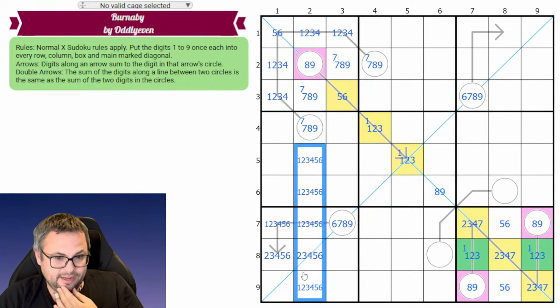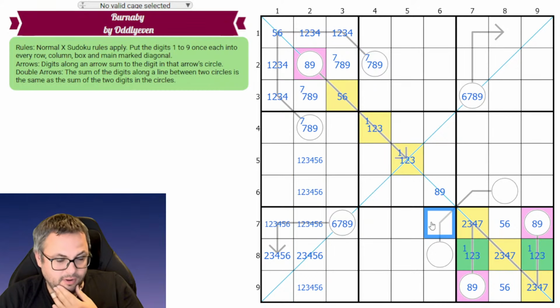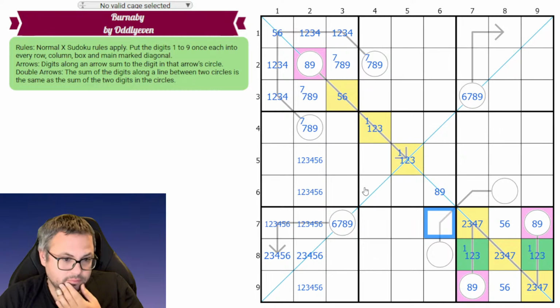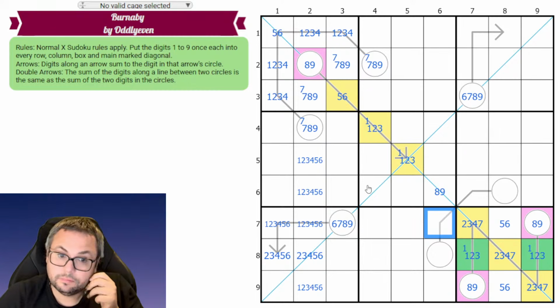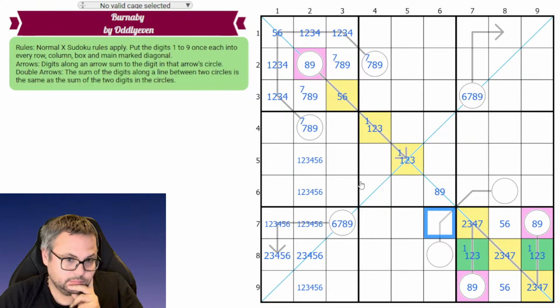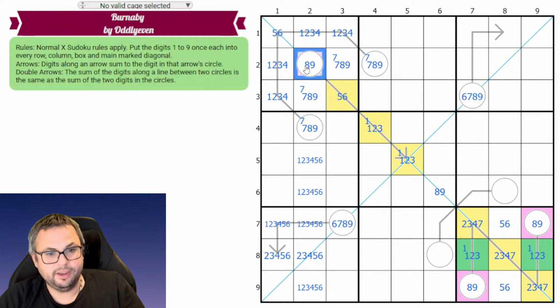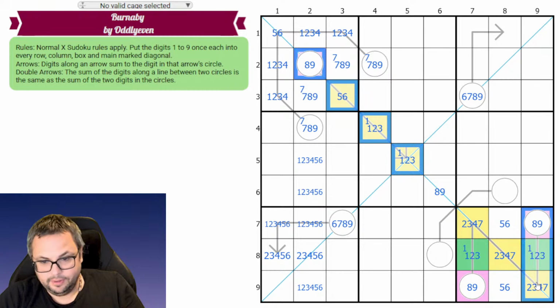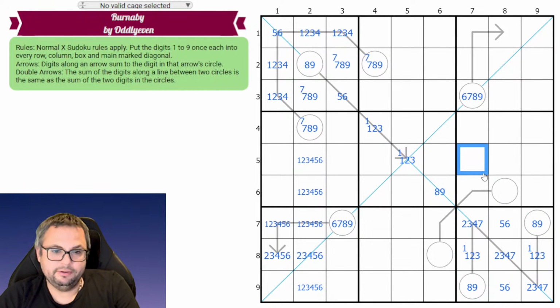And in this column, we sort of know where roughly they all are. Yeah, this digit goes here in column 1. I suppose I can get rid of all of this coloring now. I was so excited that that was definitely the break-in, and it turned out to be almost completely useless.